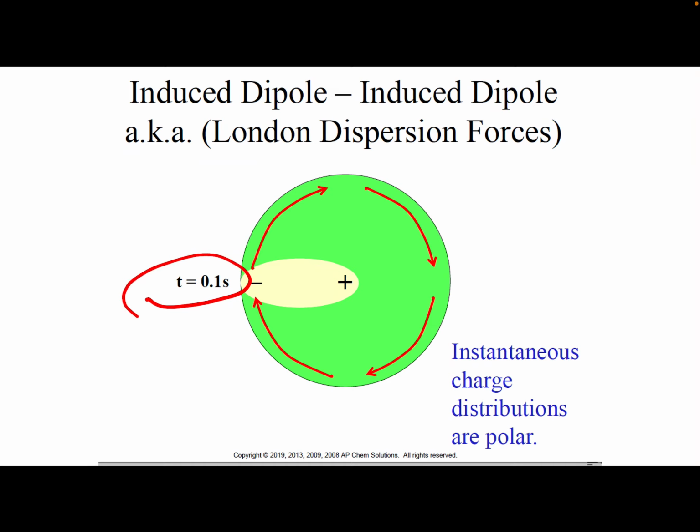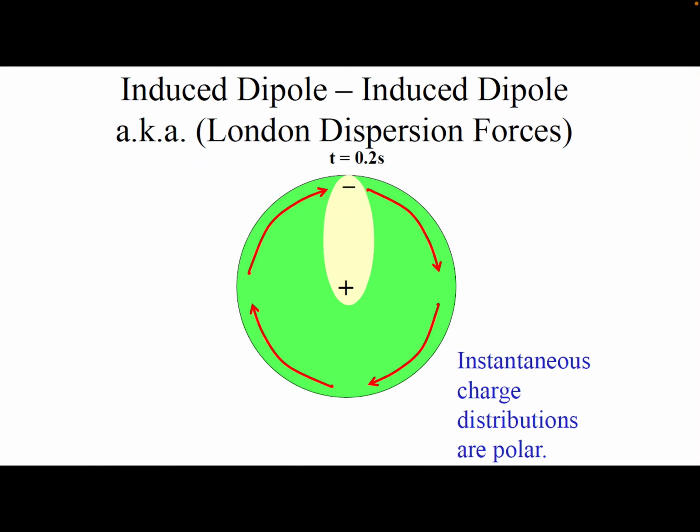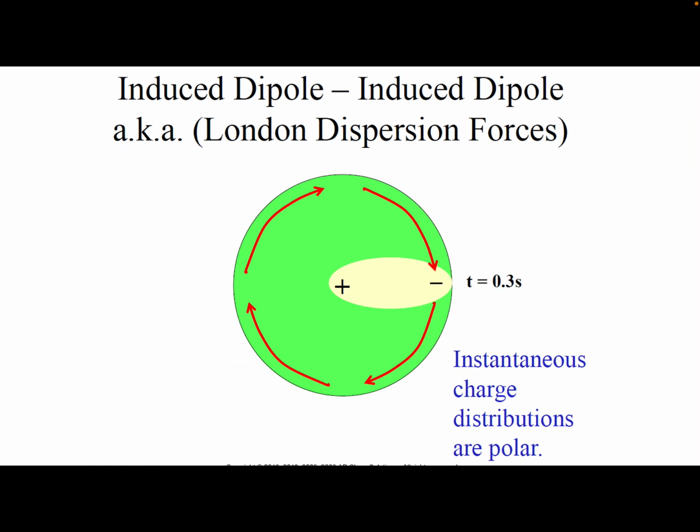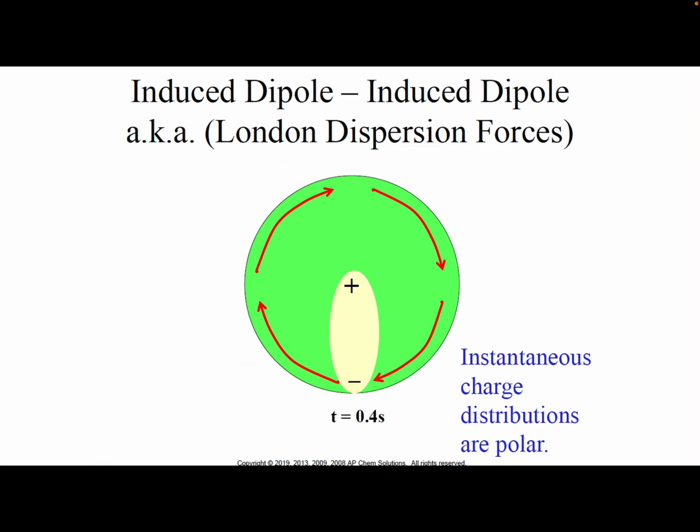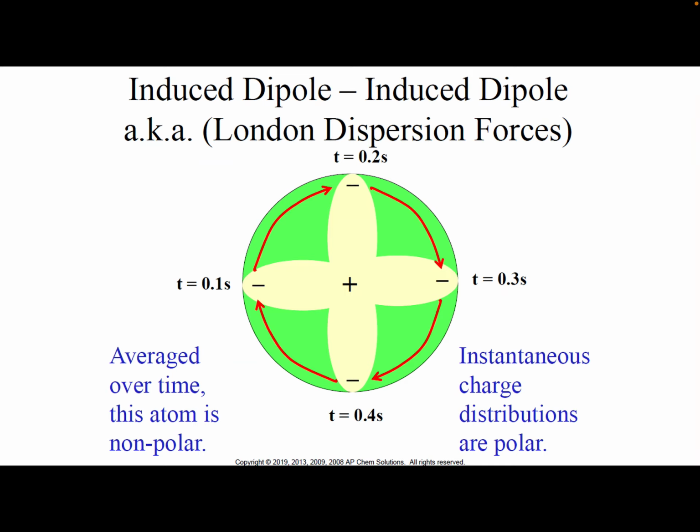So it's like momentarily positive. So at any instantaneous time, it's polar, but then it's not. Averaged over time, the atom is nonpolar. But instantaneously, it is polar.